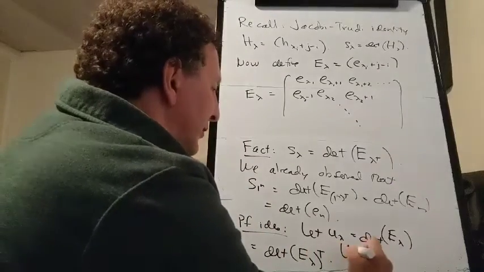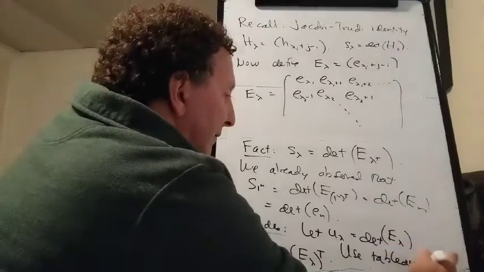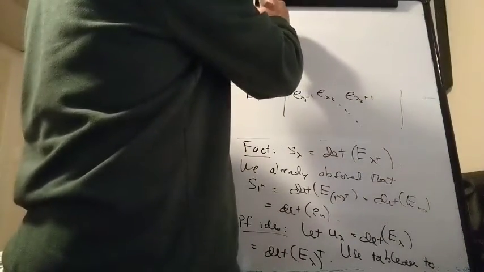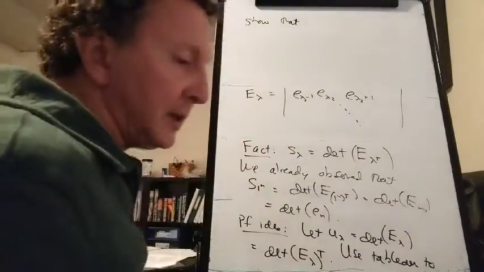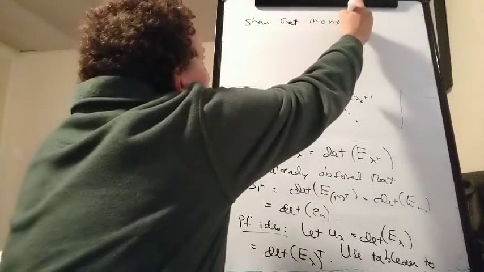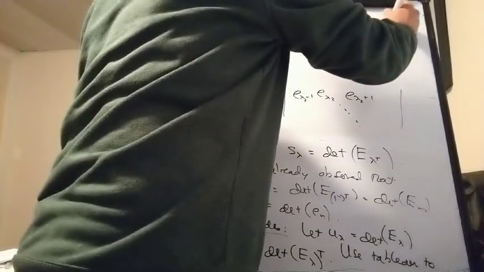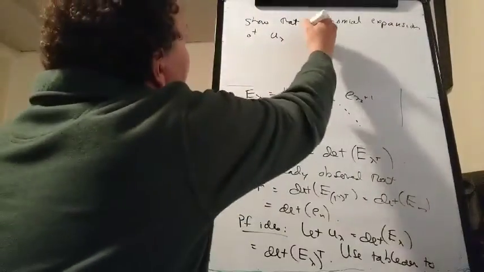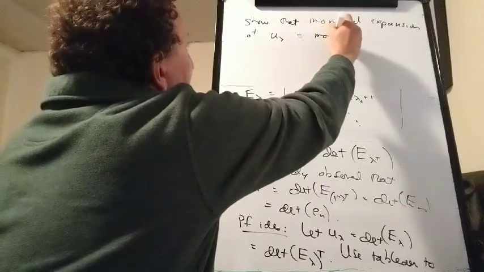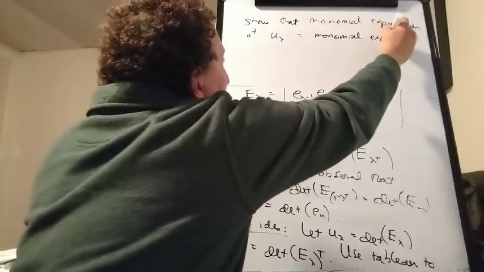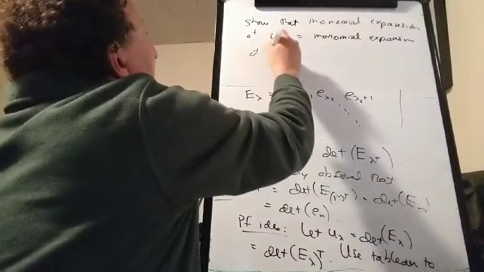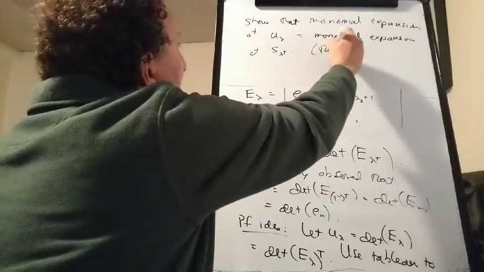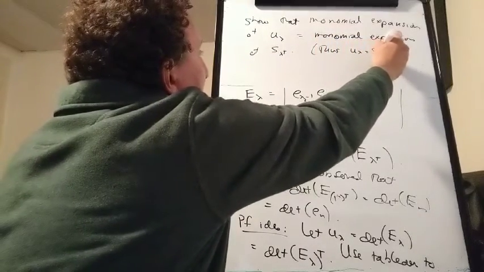And then we can use tableau to show that the monomial expansion of u lambda is the same as the monomial expansion of S lambda transpose. So thus u lambda equals S lambda transpose.